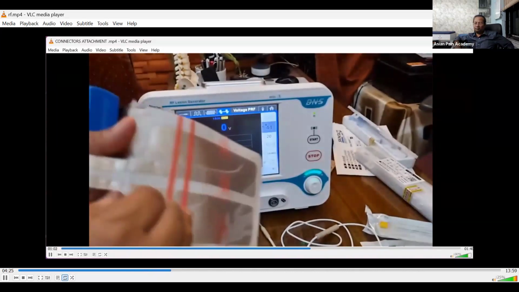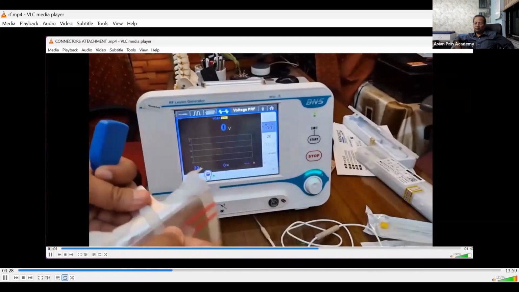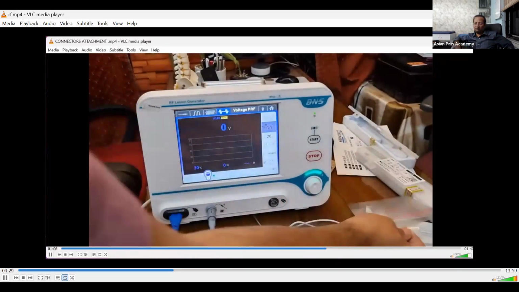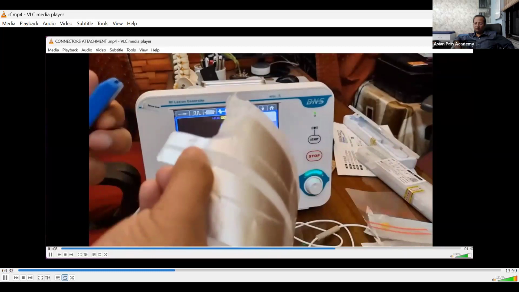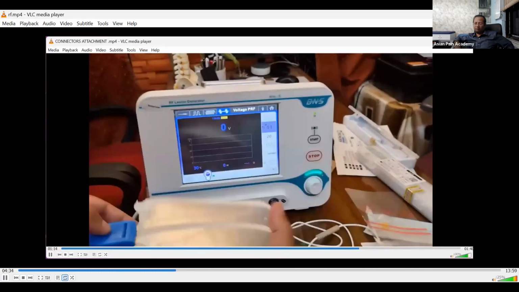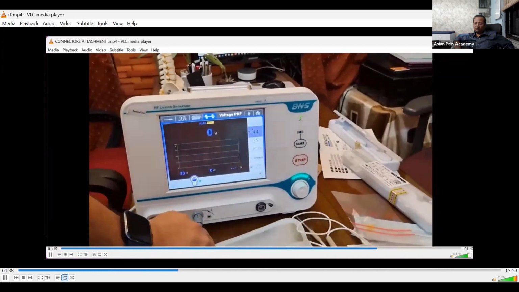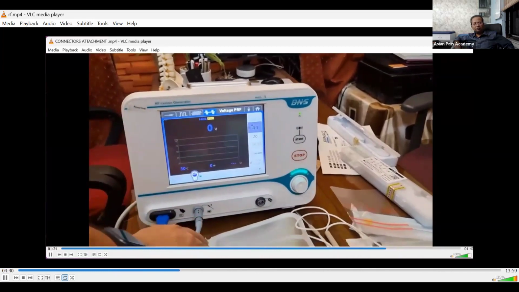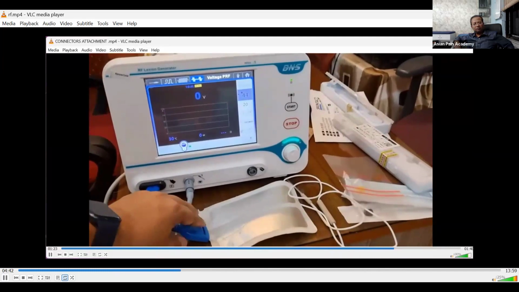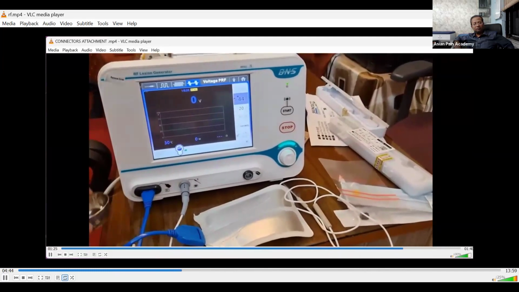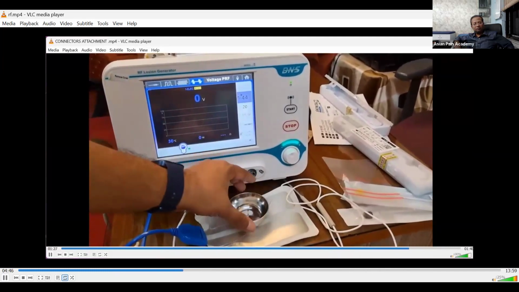Here we'll be attaching the ground pad, other end. First open this. So this connectivity or connections will actually vary from machine to machine. I am showing you this one, but it might be different in different machines. But once you know one standard form, then knowing the other one is not difficult.